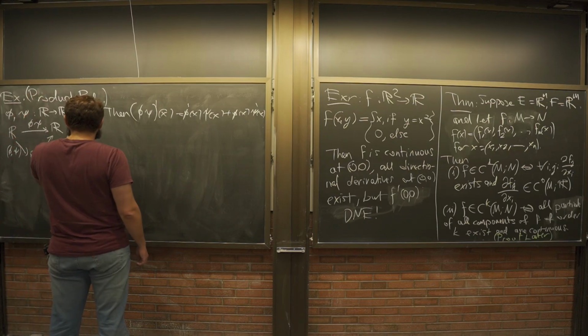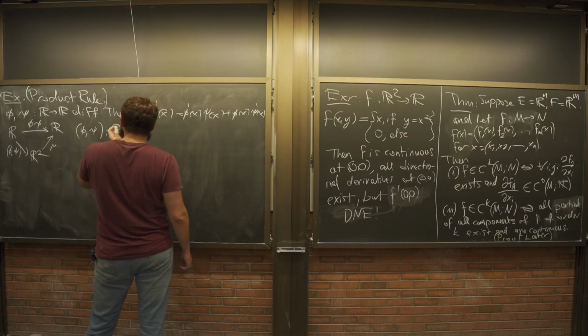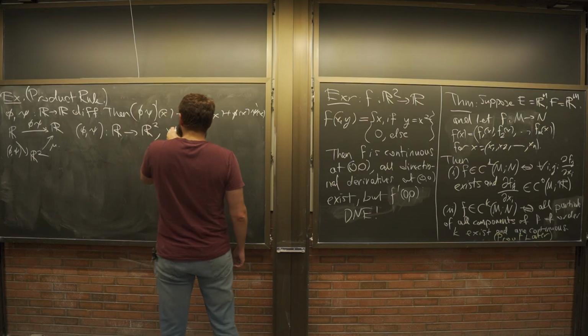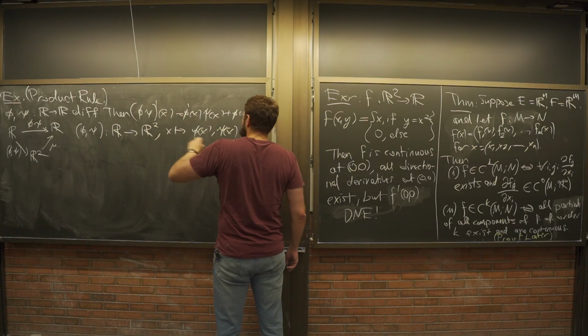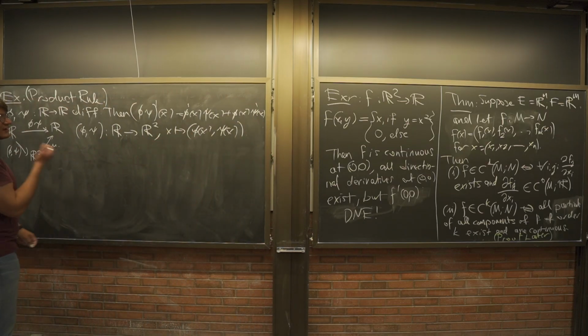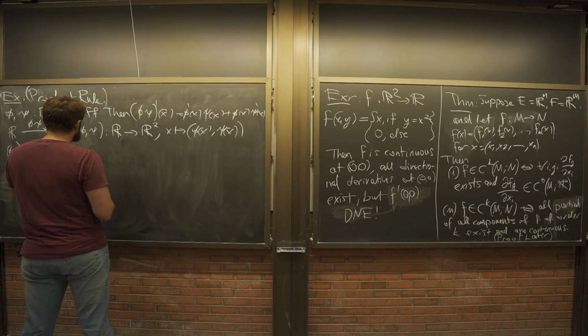So let me write it explicitly. x goes to phi of x, comma, psi of x. This is the first function. And mu takes two numbers, r and s, let's say, and gives you back r times s, multiplication.